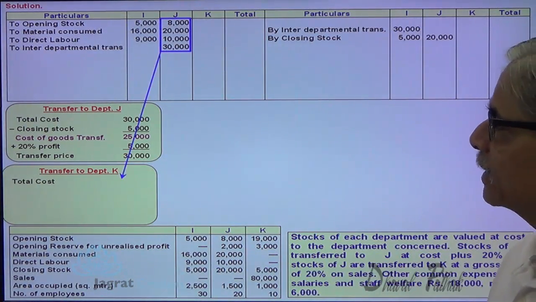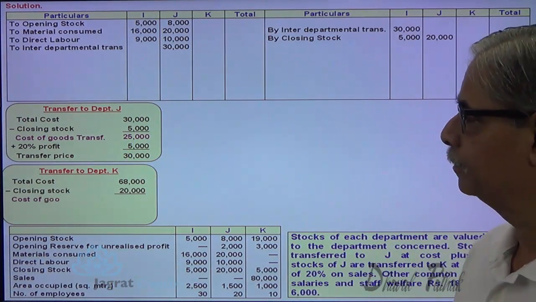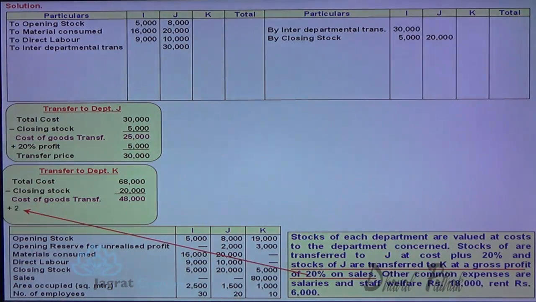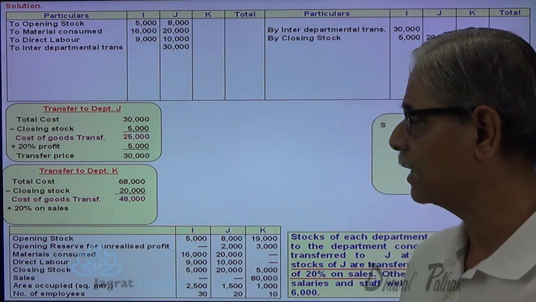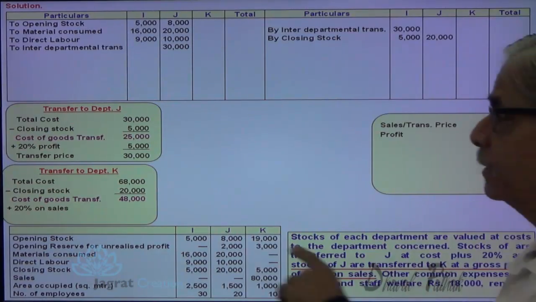So this is the total cost minus closing stock, so cost of goods transferred. The profit added at the time of transfer is 20% on sales. So 20% of 48,000, 9,600? 20% on sales. This is cost.